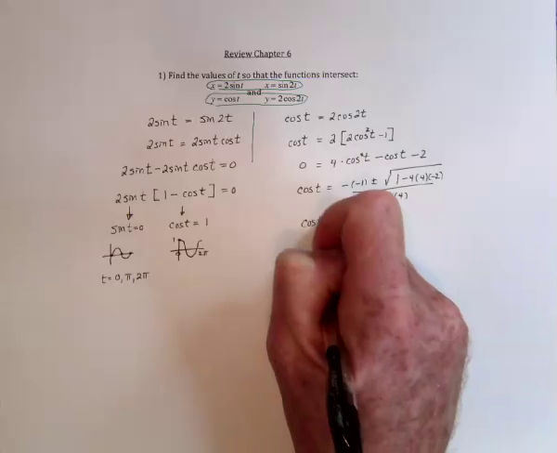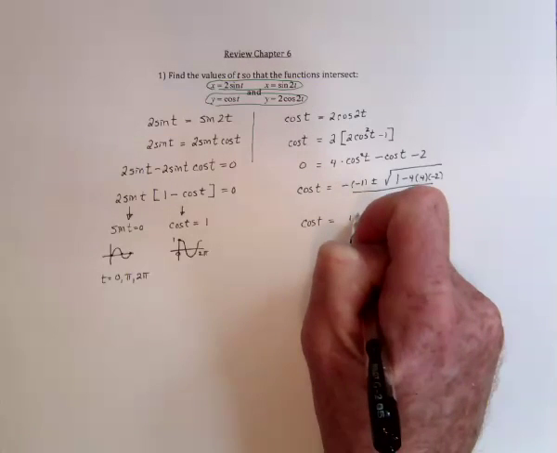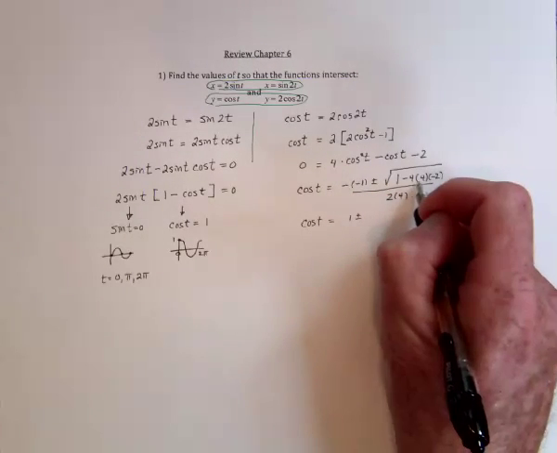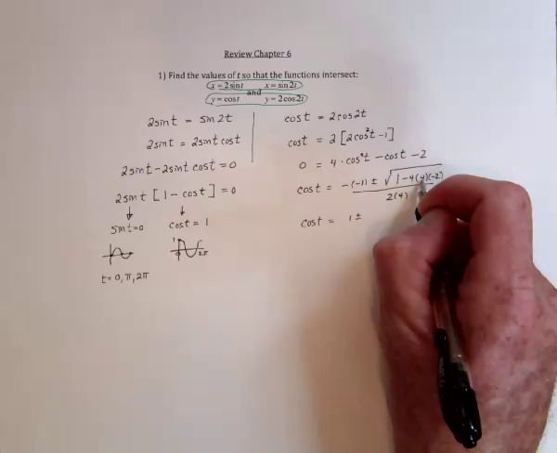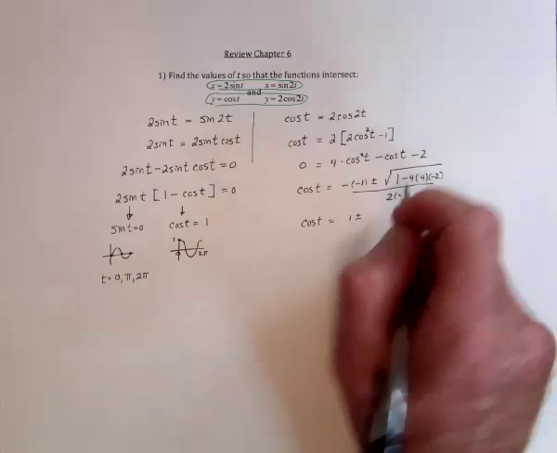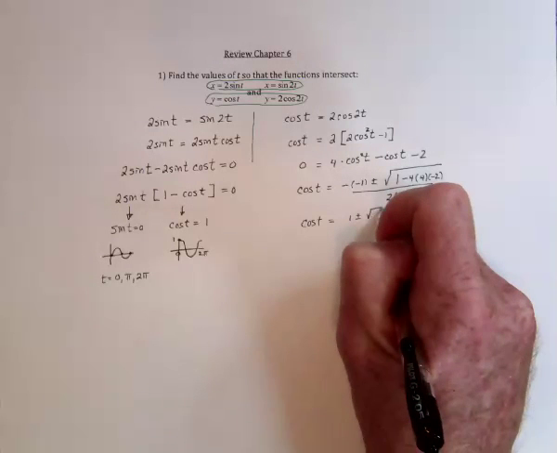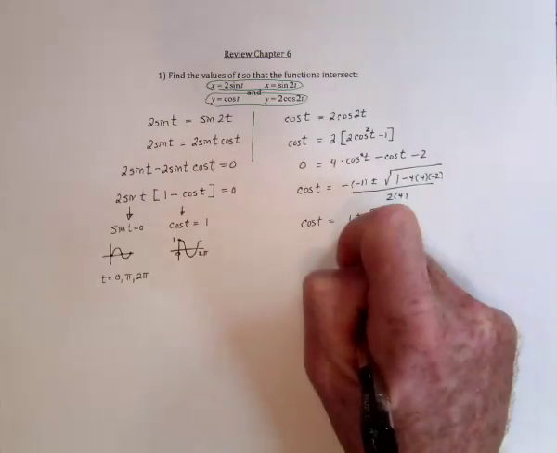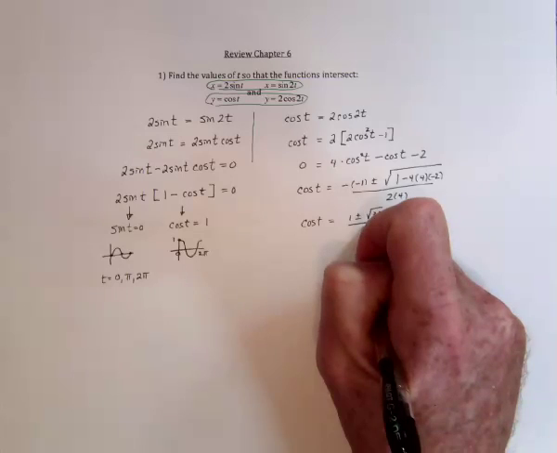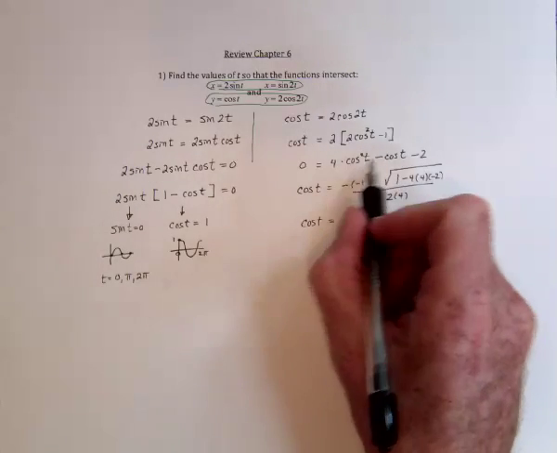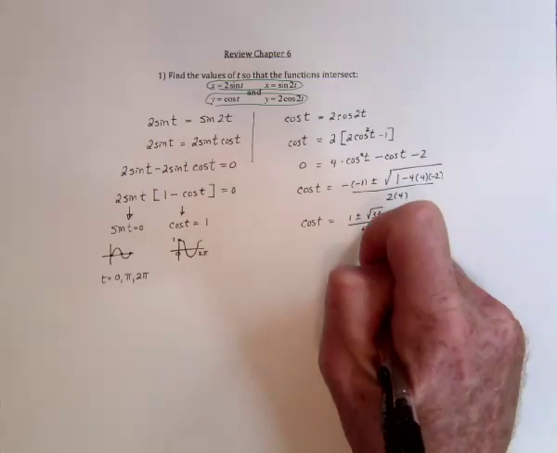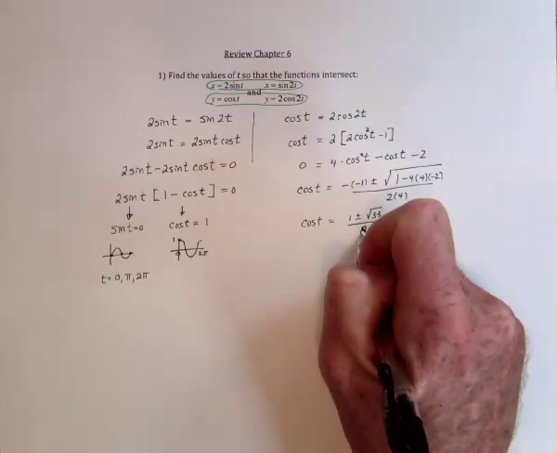So cosine of t is equal to 1 plus or minus the square root of 33, divided by 8. This is going to be positive, 16 times 2 is 32, with 1 makes 33. And by getting a 33 in there instead of a perfect square, that tells me that this one over here would not factor, that I did actually have to use the quadratic formula.